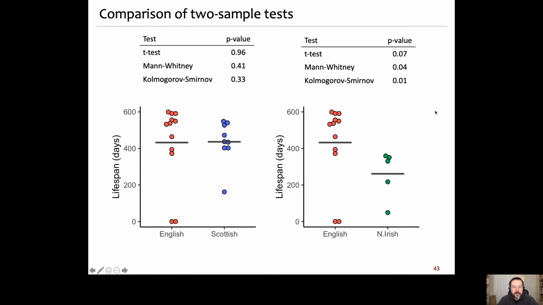The t-test will give you a p-value of 7% because variance in the first sample is very large, so the t-test essentially fails to compare them. We have outliers here. The Mann-Whitney test gives you 4%, and the Kolmogorov-Smirnov test gives you 1%. It's the most sensitive of them because it recognizes that the distribution in the second sample is quite different from the distribution in the first sample.